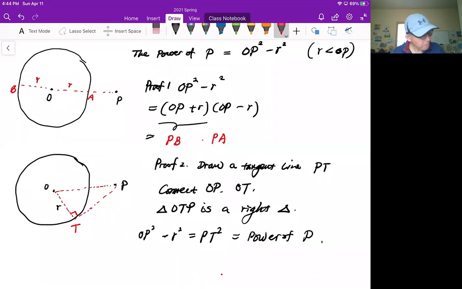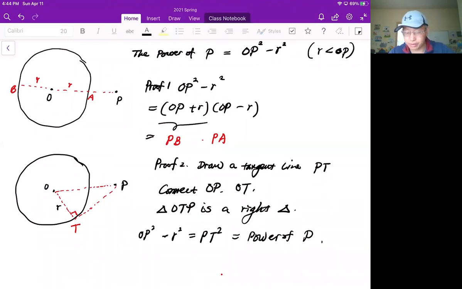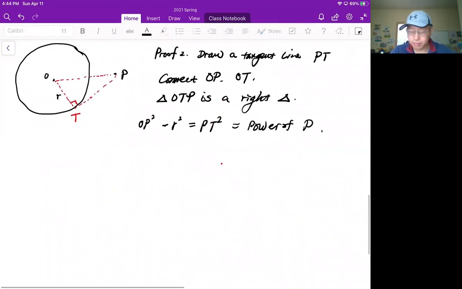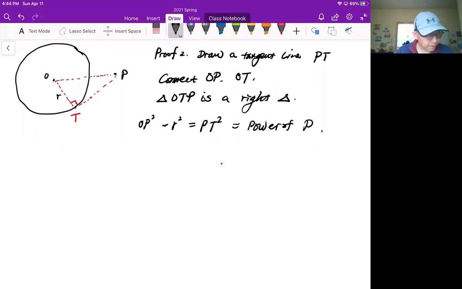Everybody's good? All right, so let's try some example. The example should be using the power of the point. So let's see. Here's some example.